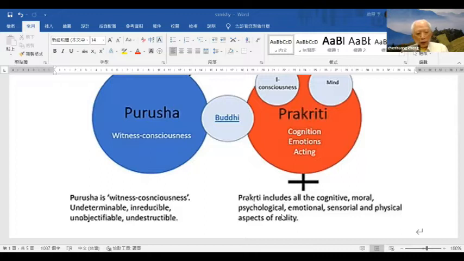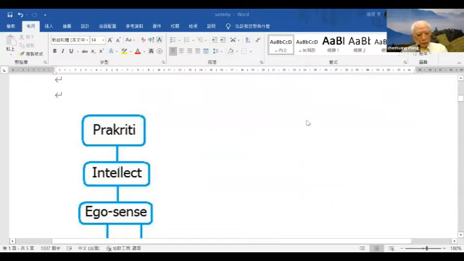Psychological has something to do with our psychological function, like emotional, sensorial. In short, Prakriti has something to do with not only our physical body or matter, but also it is connected to other conscious functions. This is very important to have a correct understanding of Prakriti.